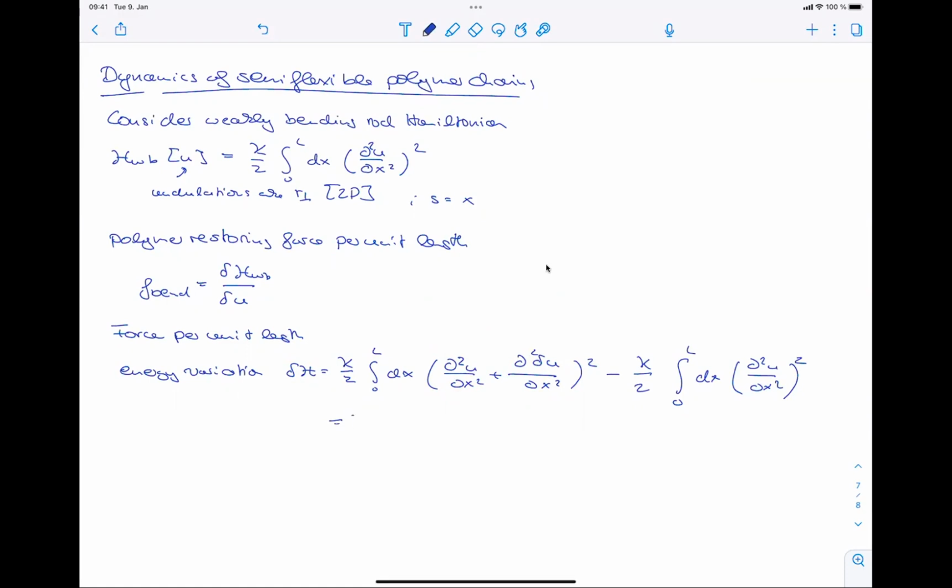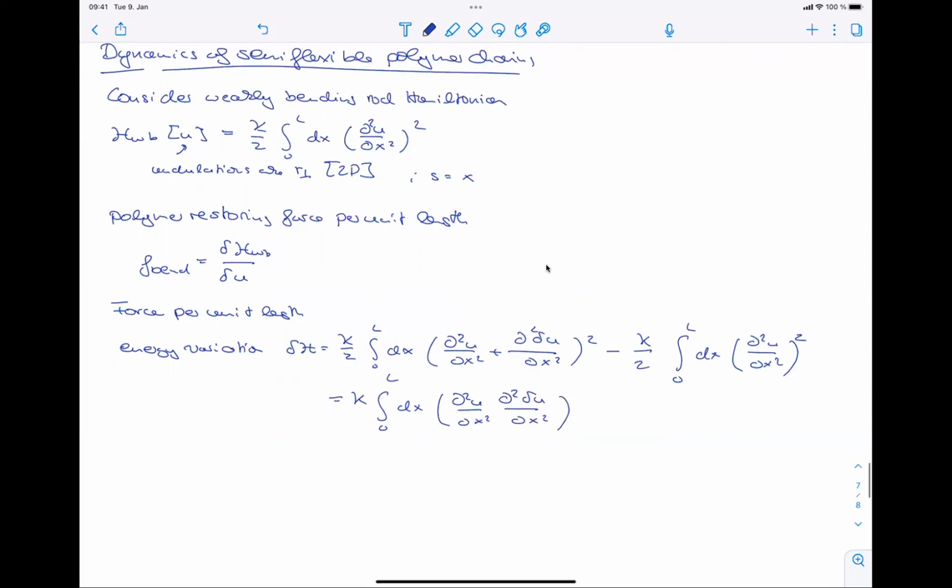And that has a prefactor of 2, so the 2 cancels, integral from 0 to L dx, and that's now d squared u dx squared, d squared delta u dx squared, and higher orders in delta u.